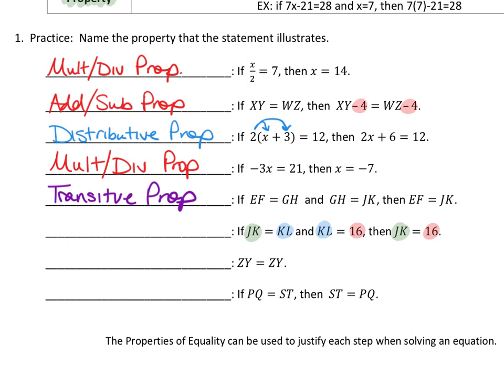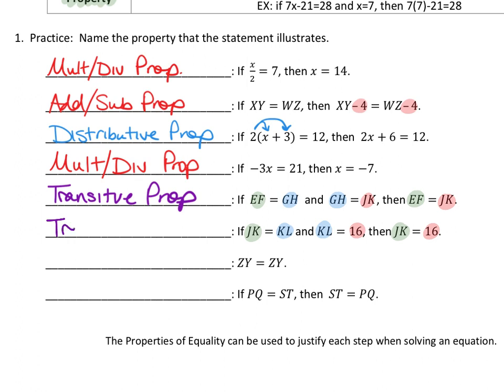We have 2 of each, okay. Let me color code the one above it so maybe you can see some things. EF equal to GH, GH equal to JK, EF equal to JK. What do you notice there? Same colors, yeah? What was the property we used right above this to be able to make that conclusion? Transitive property.